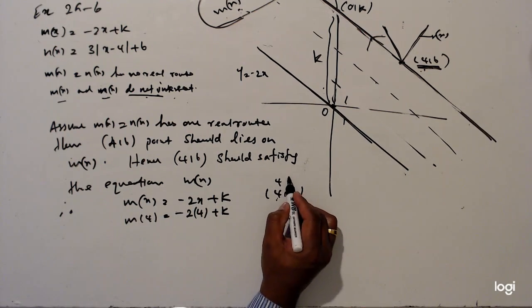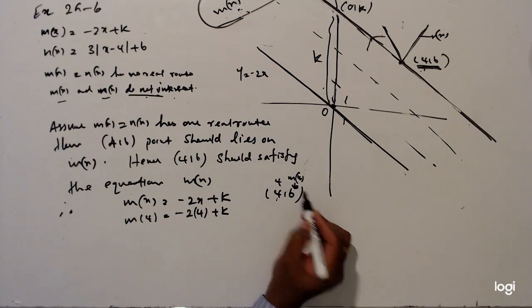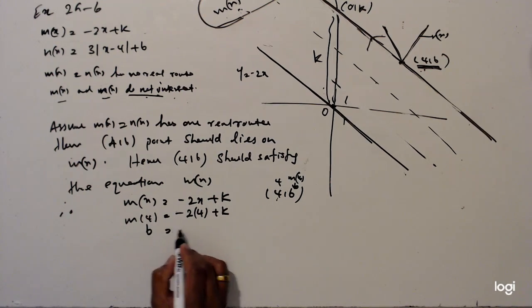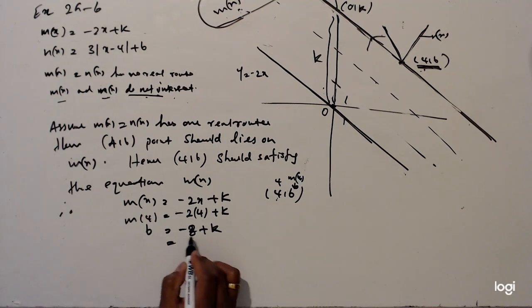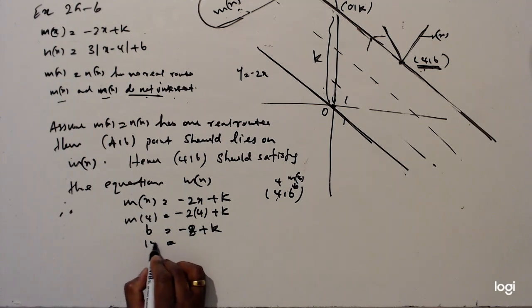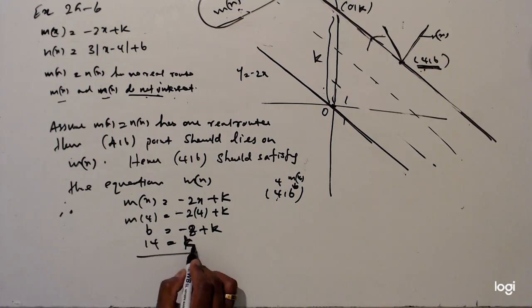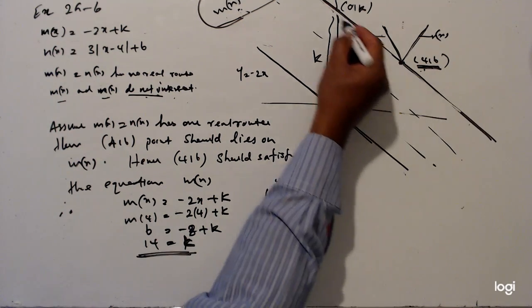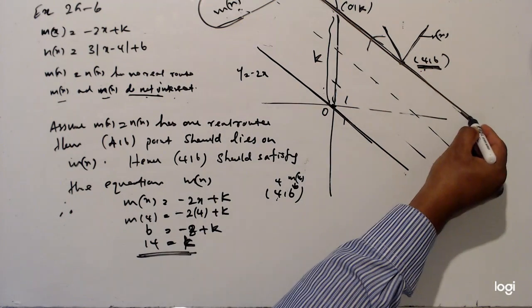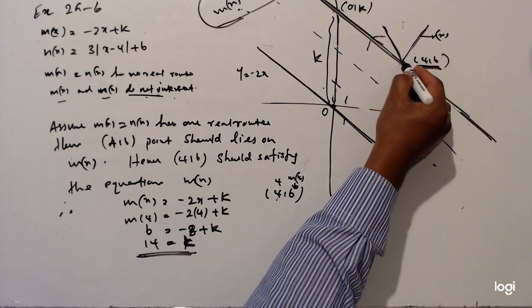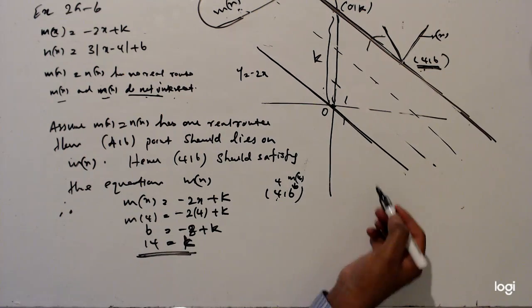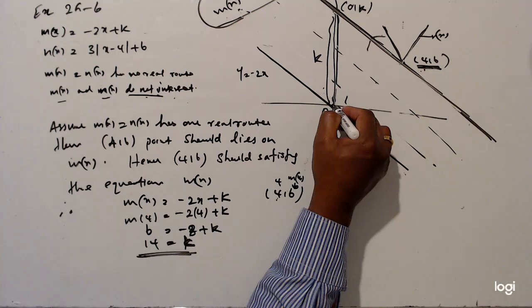So this is 4, this is n(4). The n(4) value is 6. 6 equal minus 2 times 4, plus k. So then 6 plus 8 is 14. When k equal 14, the graph has one root. I mean the two graphs intersect each other. What will it mean? This height is 14.